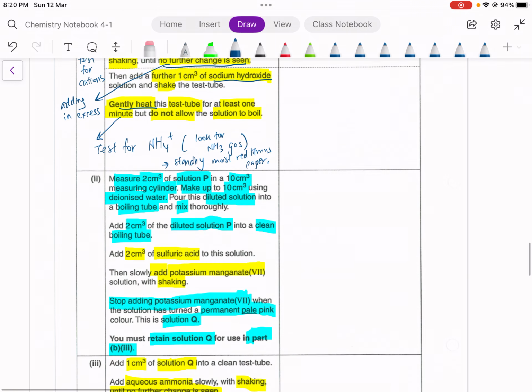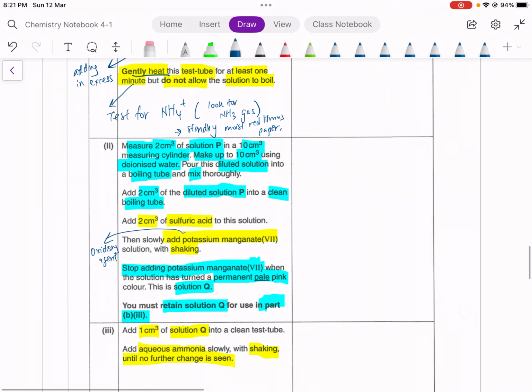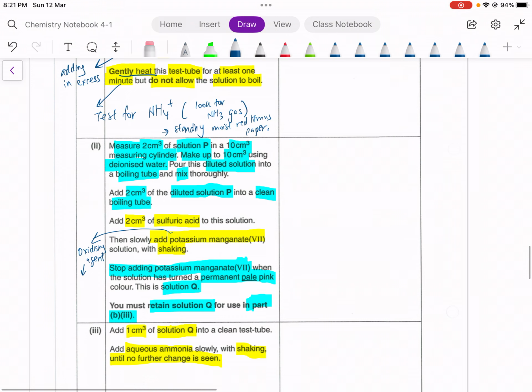Okay, moving on. In part 2, they ask you to add sulfuric acid and potassium manganate. What is potassium manganate? Potassium manganate is an oxidizing agent. So you notice redox can also be tested in practical. An oxidizing agent is used to oxidize something in the process.